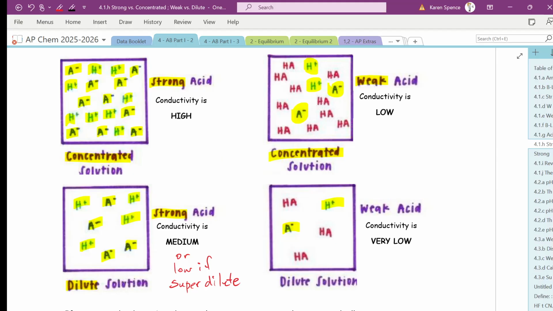And if I want to dilute it 10 times and I've got 10 mils, what should my final volume be?